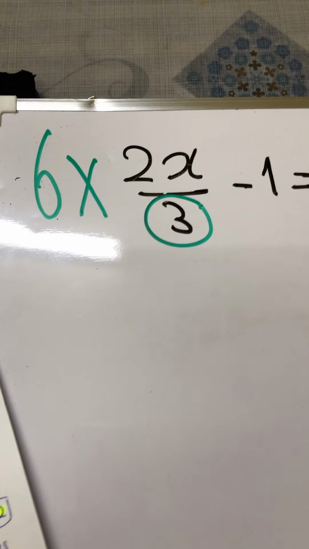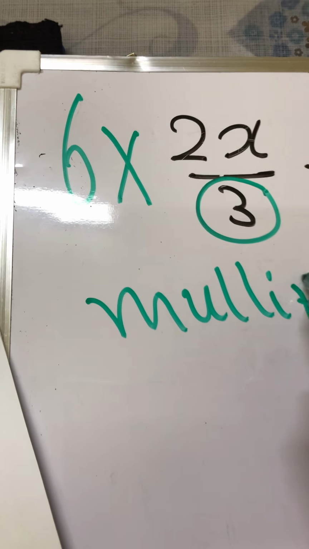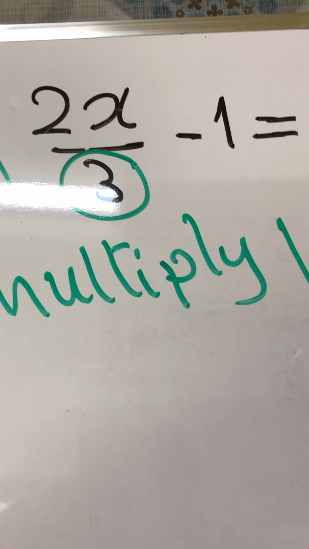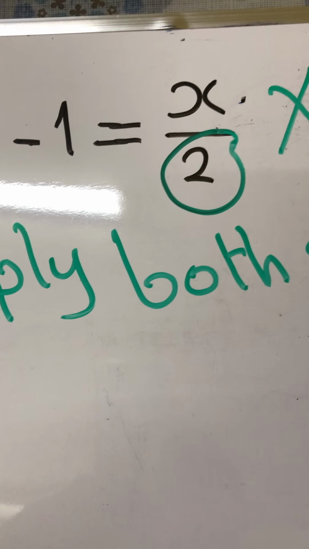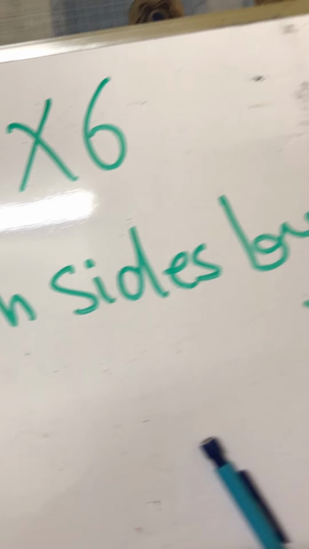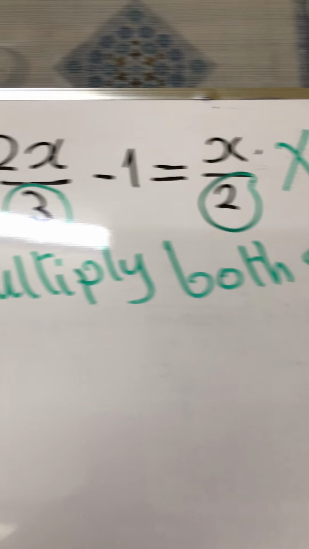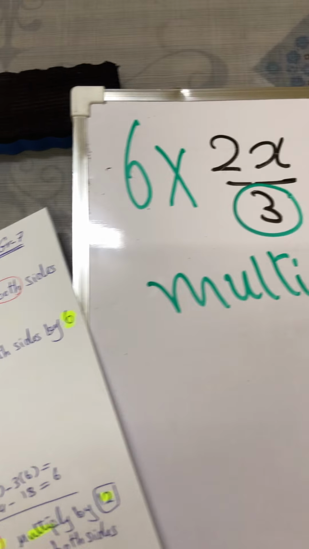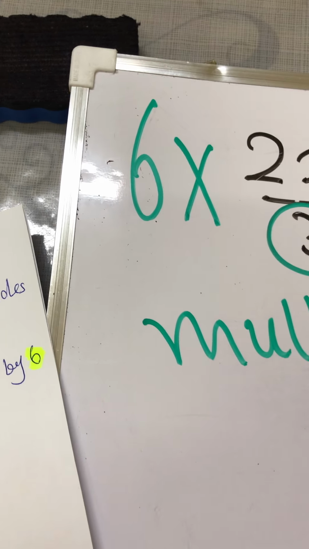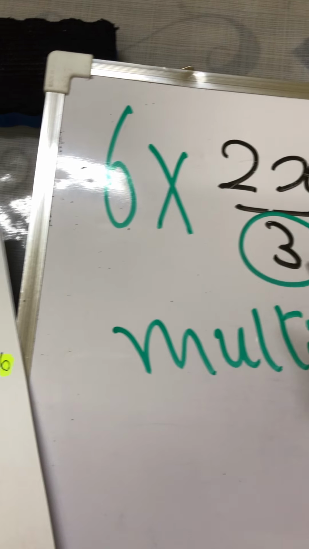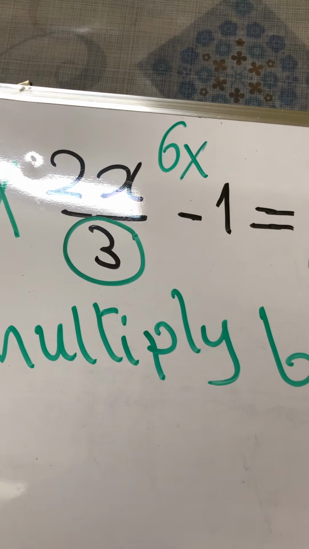So here I write: multiply both sides by 6. I'll multiply 6 by 2x over 3 and also 6 multiplied by negative 1.